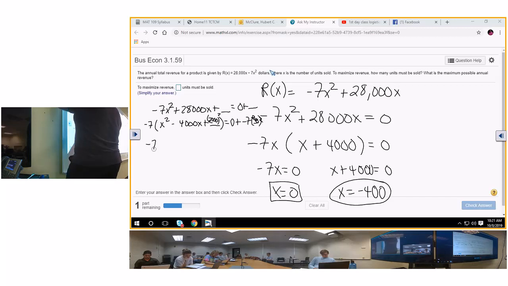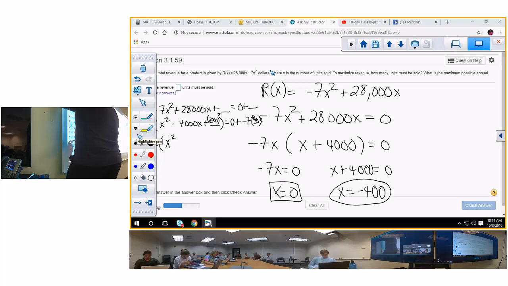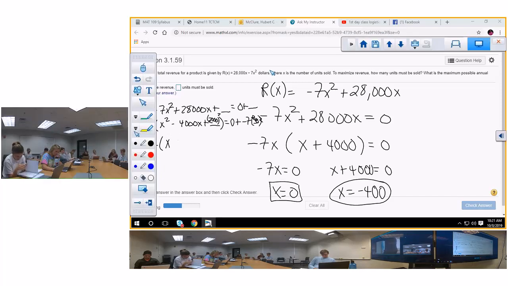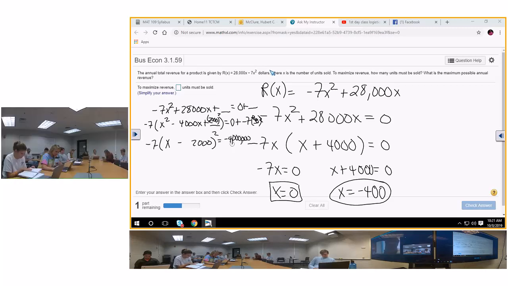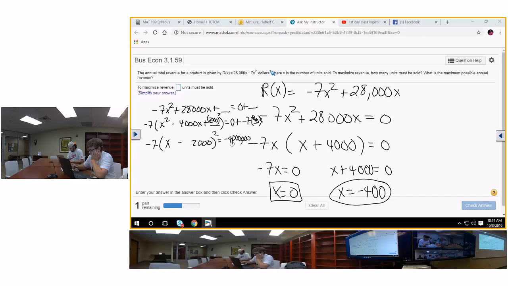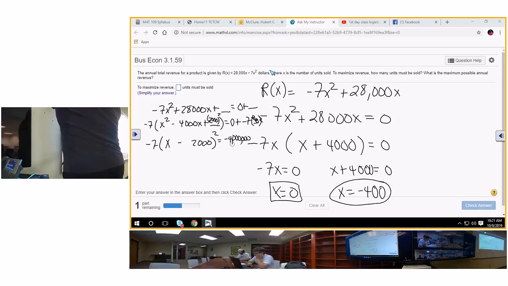Okay, x minus 2,000 quantity squared is equal to negative 4 million. And that's going to be our vertex, 2,000, comma, 4 million.